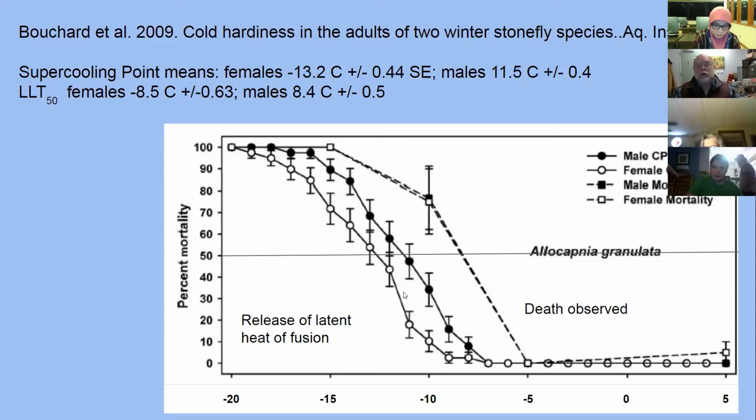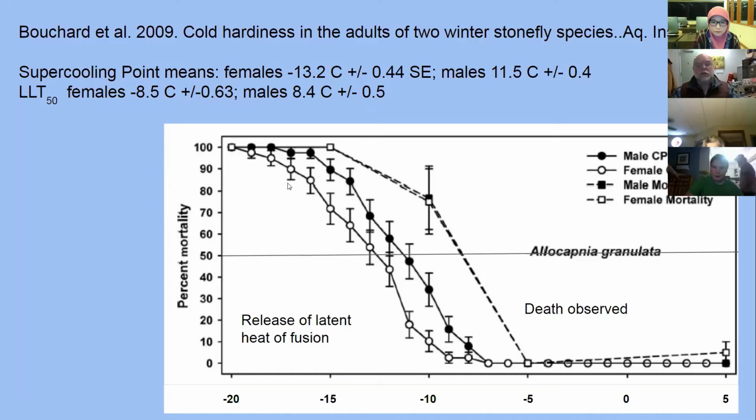And they had a bunch of replicates of them, so that's what these points are with the bars around them, an average and a standard error around them. And so actually for this particular stonefly, males could supercool less than the females could.